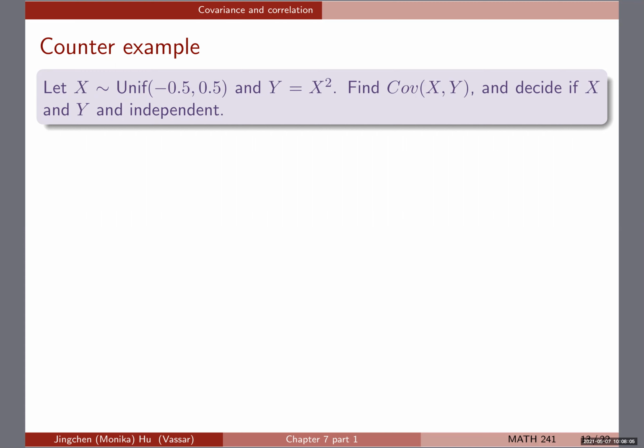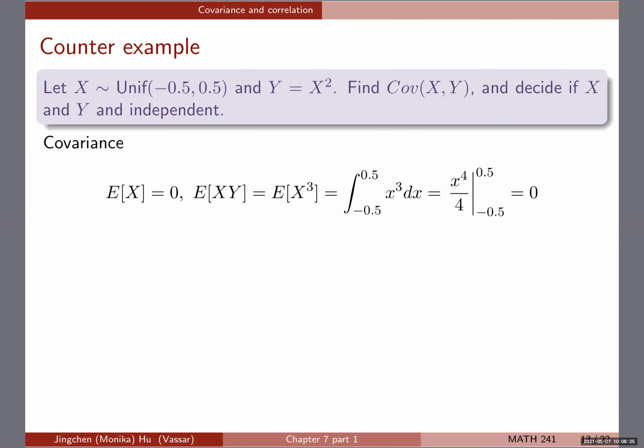Remember, covariance is the expectation of x times y minus the product of E[x] and E[y]. So we need to get the expectation of x and the expectation of x times y. Let's do it step by step. The expectation of x is going to be zero.